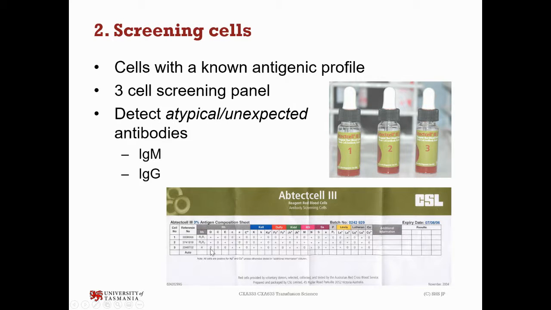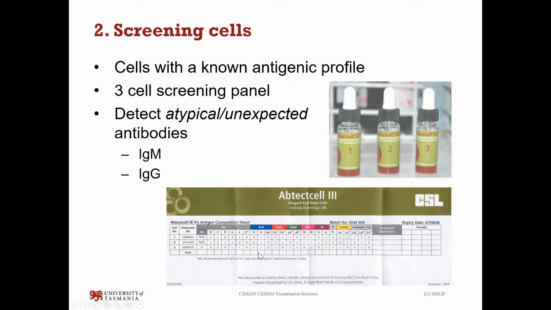Okay, so there's a 0 there. And you can see wherever there is a plus in a column here, that means that the antigen of that blood group system is present on that particular cell. So ABTEC cell 1 has these antigens present, ABTEC cell 2 has slightly different antigens present, and ABTEC cell 3 is different again.